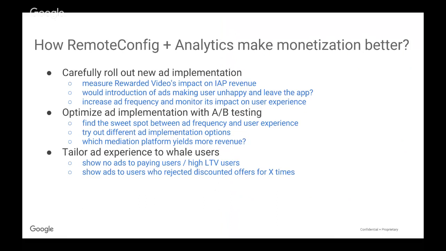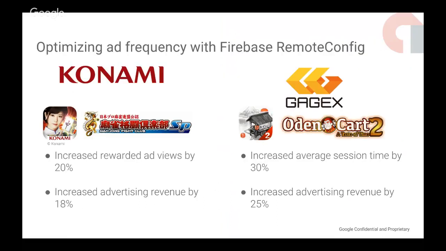And I want to show you in the next slide that no matter whether you're a big developer or small developer, Firebase Remote Config and Analytics work equally great. On the left-hand side, you see Konami. They have been using Firebase Remote Config and Analytics to fine-tune their rewarded ads design and frequency.